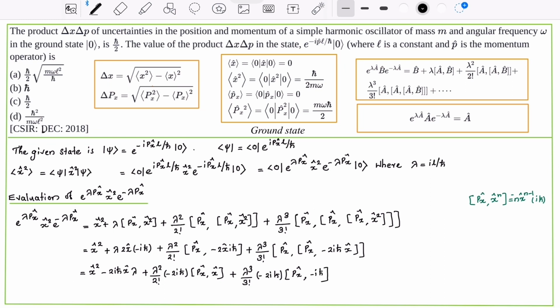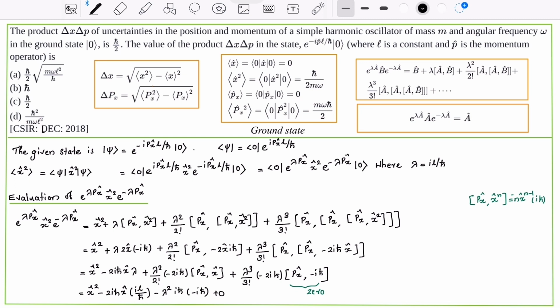The commutator of px and x is -iħ. Now we can see that the commutator of px and -iħ is 0, and the commutator of px and x is -iħ. Therefore, our answer is x² minus 2iħxλ, then what is λ? iL/ħ, minus λ²iħ minus iħ plus 0.